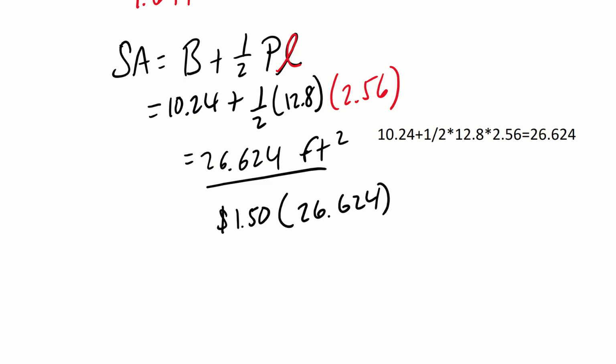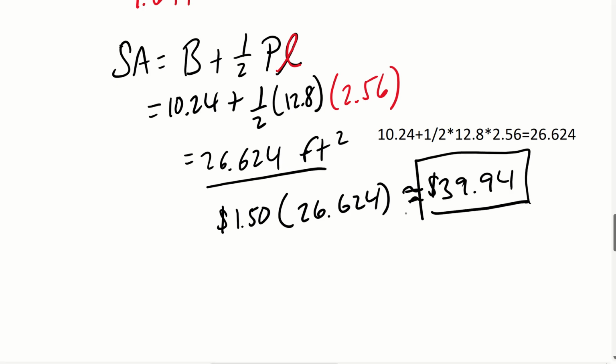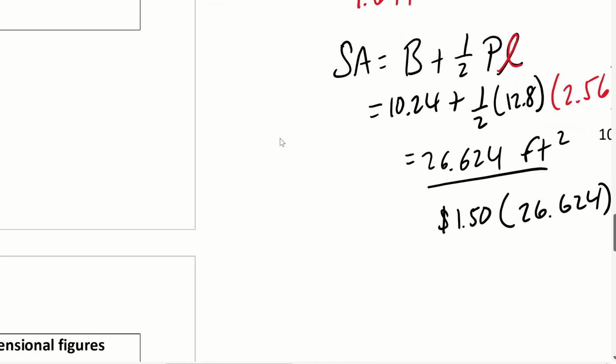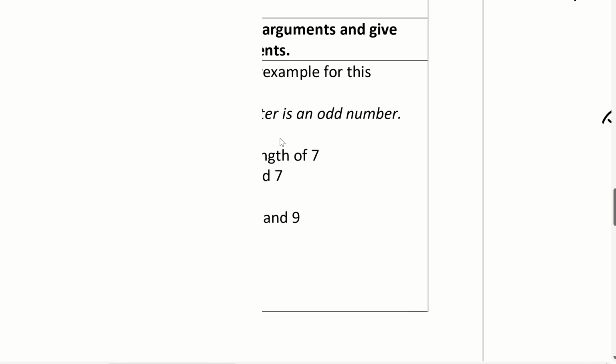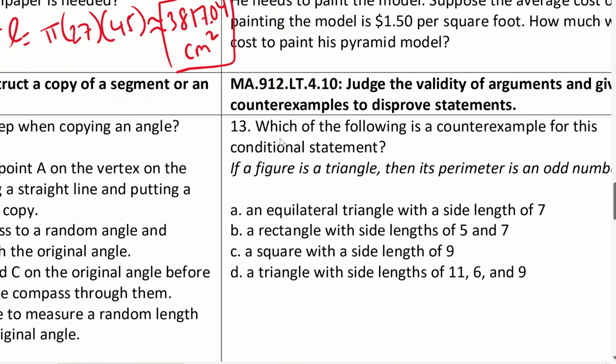So 26.624 times 1.5, you get $39.94 approximately to paint the pyramid. Okay, that's pretty expensive. All right, so there you go. That's how much money in paint to paint the pyramid, if you're doing the bottom as well, which we're assuming.